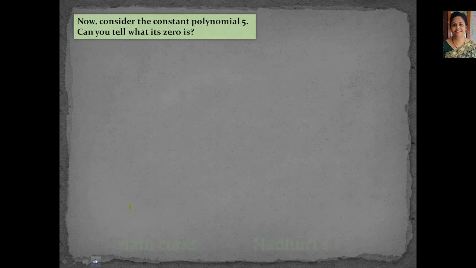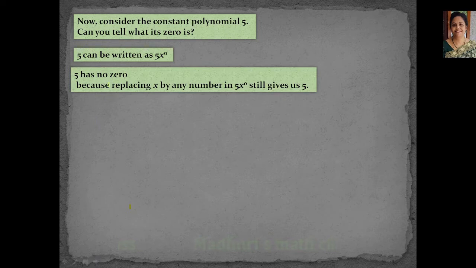Next one. Now consider the constant polynomial 5. Can you tell what its 0 is? 5 can be written as 5x raised to 0. 5 has no 0 because replacing x by any number in 5x raised to 0 still gives us 5.